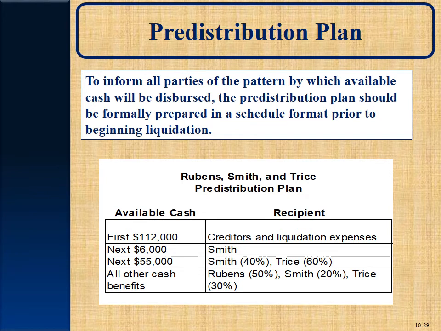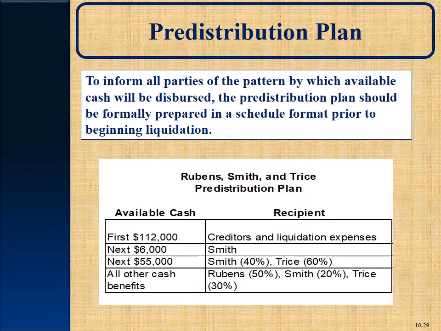So, to inform all parties of the pattern by which available cash will be dispersed, the pre-distribution plan should be formally prepared in a scheduled format prior to beginning liquidation. So what they're saying here is available cash, the first $112,000 must be paid to creditors and liquidation expenses.